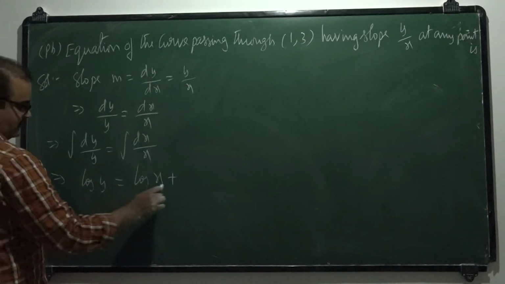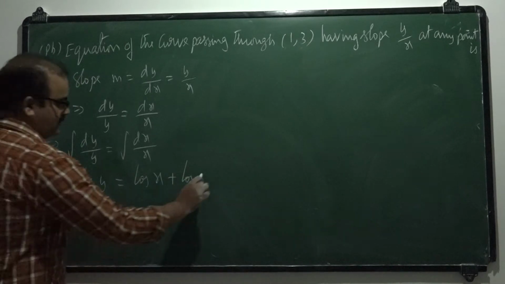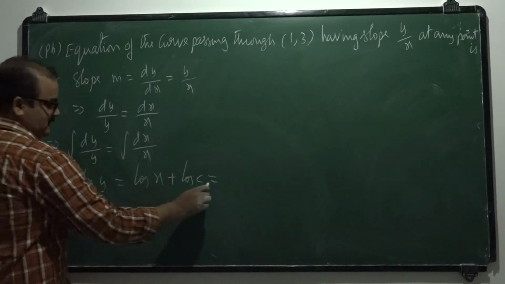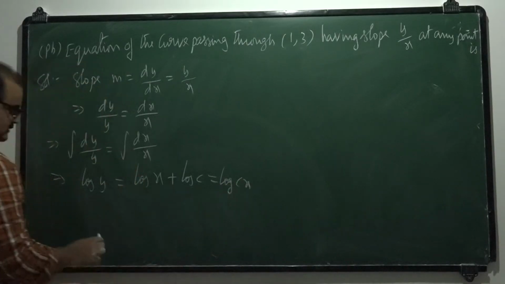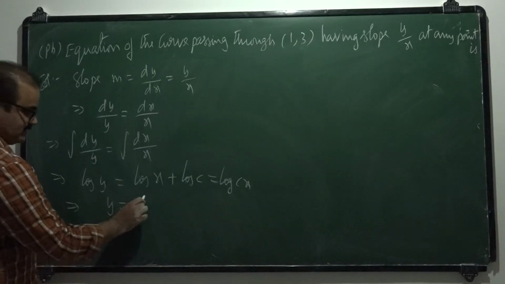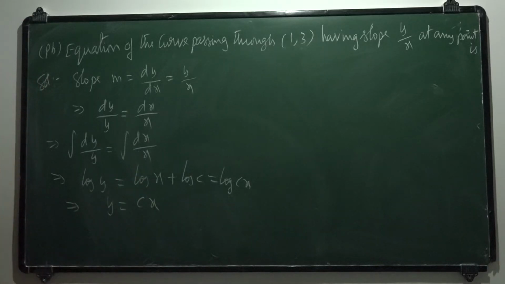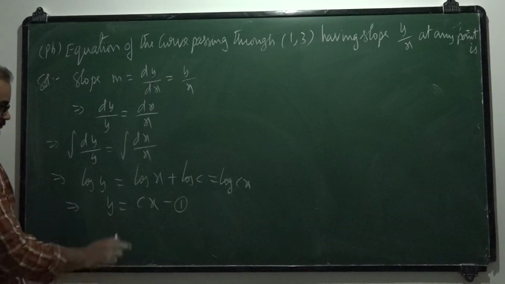If y is in terms of log, take the constant as log c. Log m plus log n is log m into n, log of c into x. Now remove logarithms, we get y is equal to c into x. Let it be equation 1.